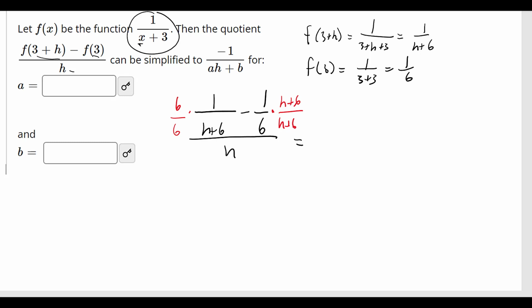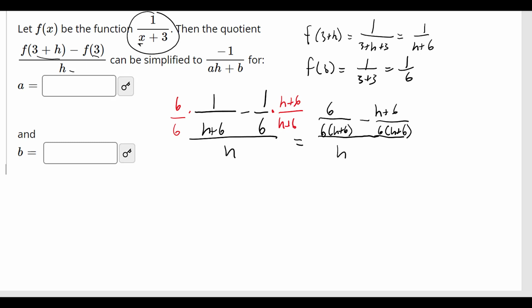So we're going to have still this h in the denominator. And I would leave this in a factored form in the denominator in case something will divide out. So 6 over 6 times h plus 6 minus h plus 6 over 6 times h plus 6.